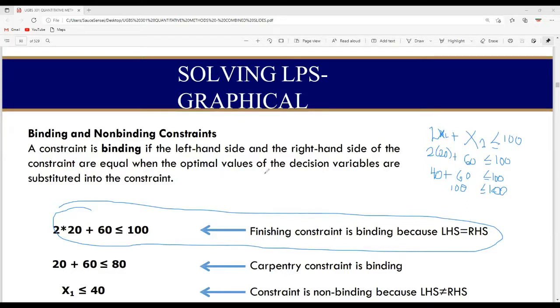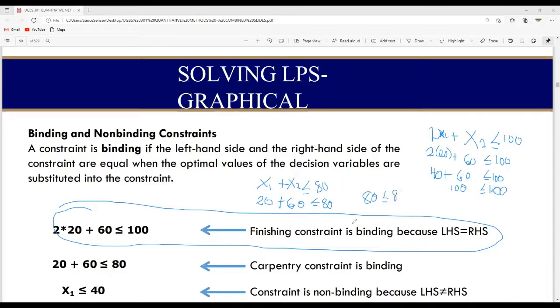The carpentry one, it was what? x1 plus s2 less than or equal to 80. And what was the value of x1 and s2 after our answer? After our calculation, x1 was 20, s2 was 60, so 20 plus 60. We are getting what? 80 less than or equal to 80.